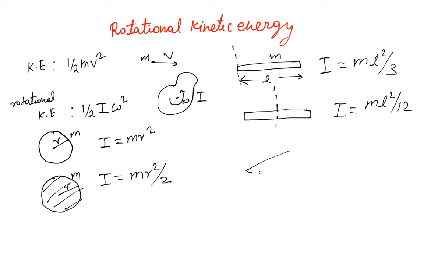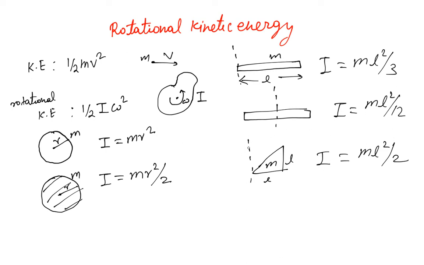We already have calculated for the case when there was a triangle. This is L, the mass is m, then we knew that about this axis I was mL squared over 2.